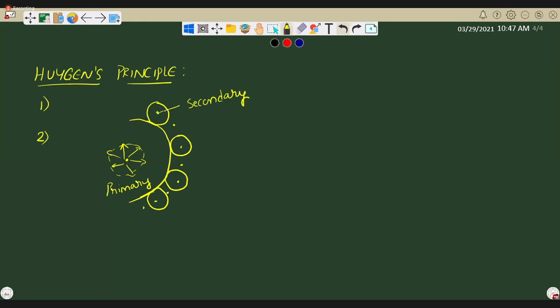Now these points again get spherical waves across them. So whenever there is light, again a spherical wave has to come, right? Now, if you join tangentially these secondary waves, you get another spherical wave. Clear?